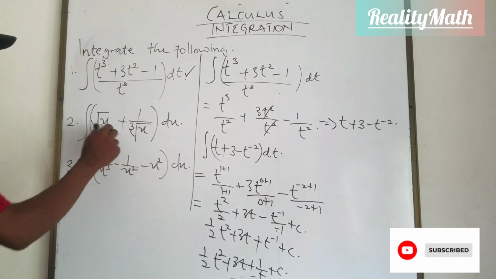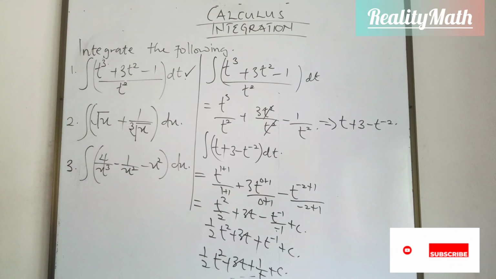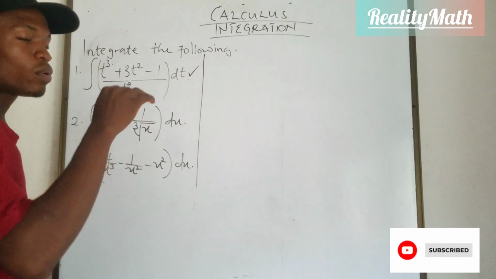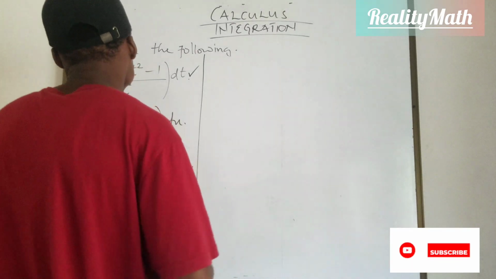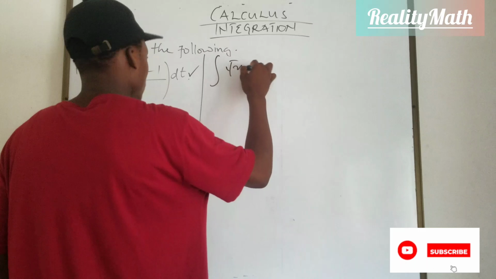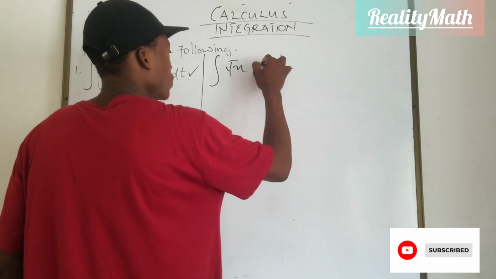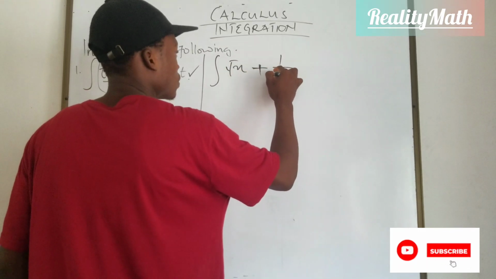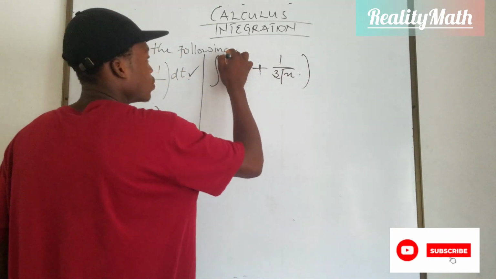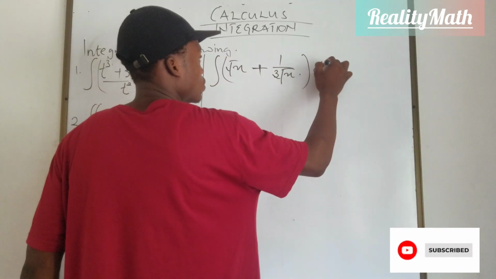Now let's see how we integrate the second one. The second question is integrate root x plus 1 over the cube root of x. So let's see. You have the integral of root x plus 1 over cube root of x, dx.